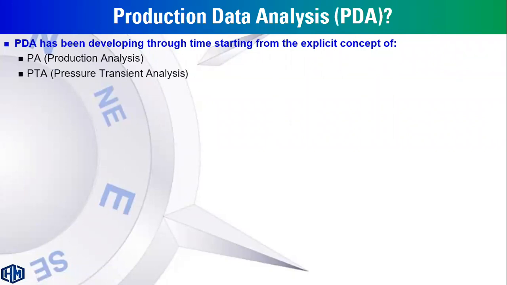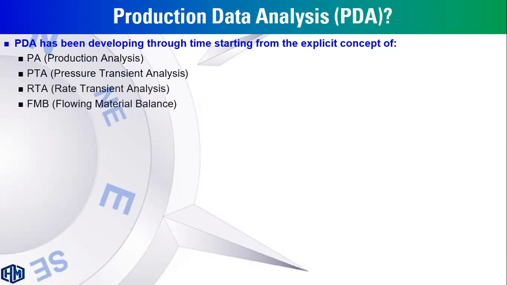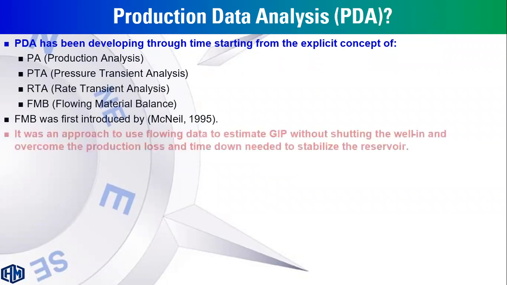So for production data analysis, we have several categories involved, like production analysis, pressure transient analysis, rate transient analysis, or flowing material balance. Flowing material balance was actually introduced in 1995.